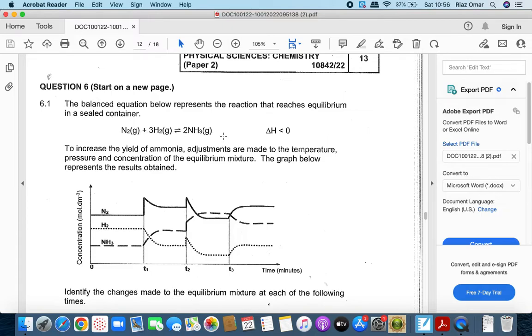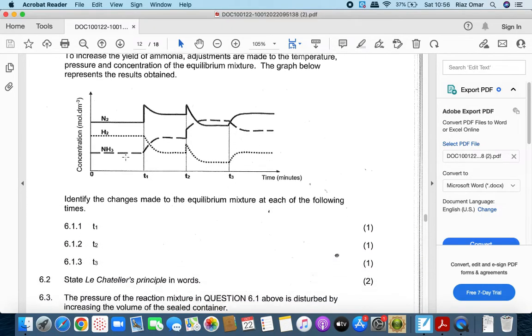But an increase in temperature, because the forward reaction is exothermic, delta H less than zero, will favor the reverse reaction, the endothermic reaction. So we see here that nitrogen and hydrogen were favored, and our ammonia went down. So we see that the reverse reaction was favored. So the endothermic reaction was favored.